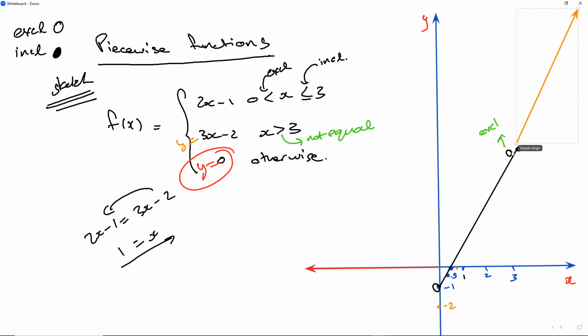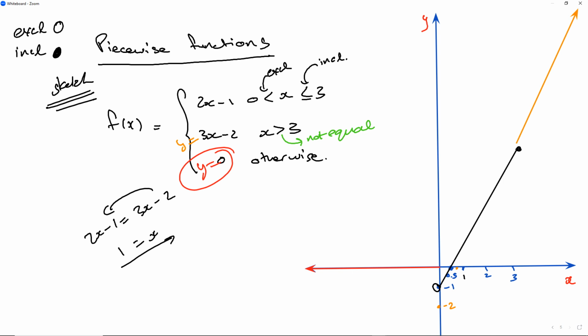Then that will be brought closer maybe, but it's continuing. The next question is, is it jumping? How do I know where to start this line? Anytime I need to find out if it's jumping, I can take x equals 3 and substitute it into each function.